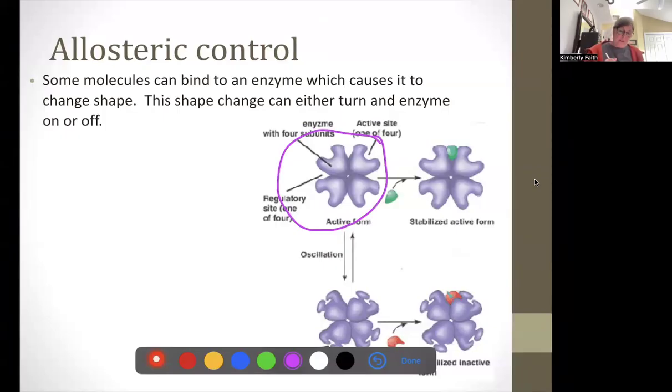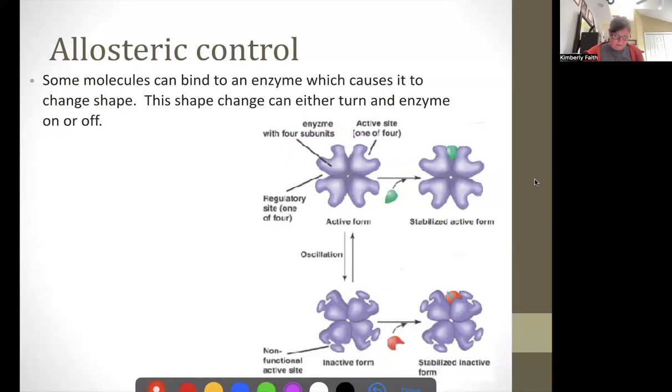We have multiple proteins fitting together to make one functional protein. And so when we have this molecule here, okay, it is going to stabilize the active form. When it's not, and we have this other type of protein, it changes its shape into an inactive form. So we have this enzyme on or off.